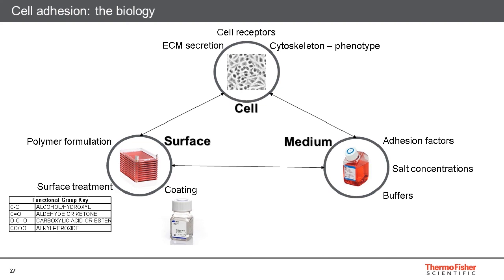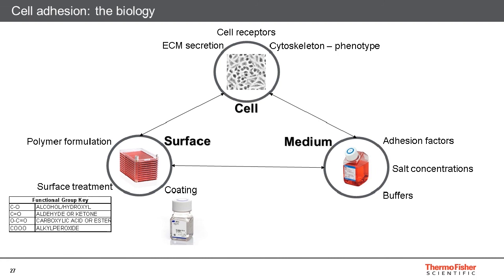or loose phenotype. Then, surfaces available can differ in terms of the plastic polymer itself, but also the surface treatments applied to the plastic, like corona discharge, UV, or plasma treatment. These different types of polymer oxidation methods will generate different ratios of functional groups, as shown in the table here.